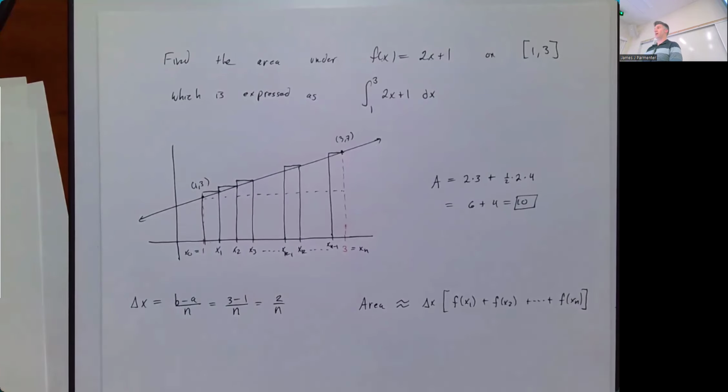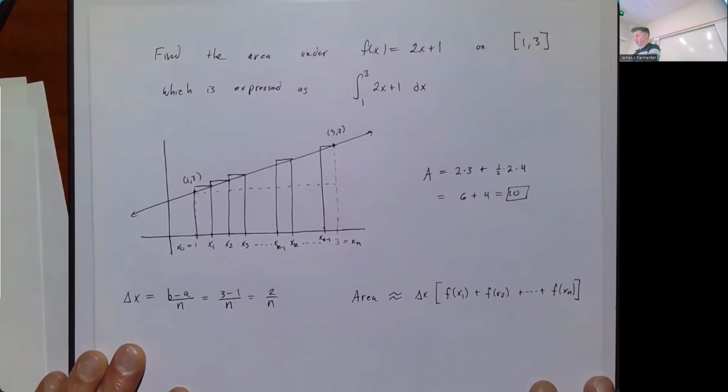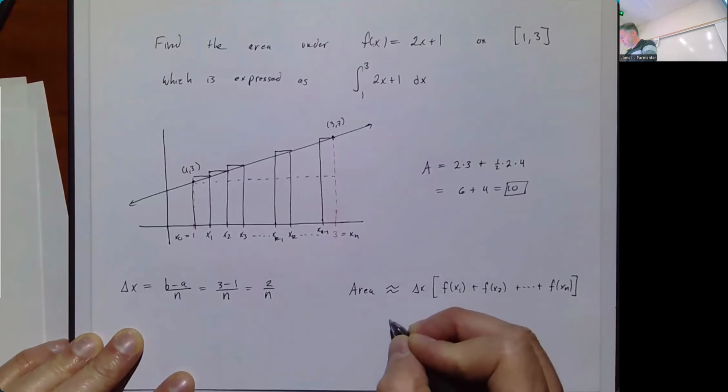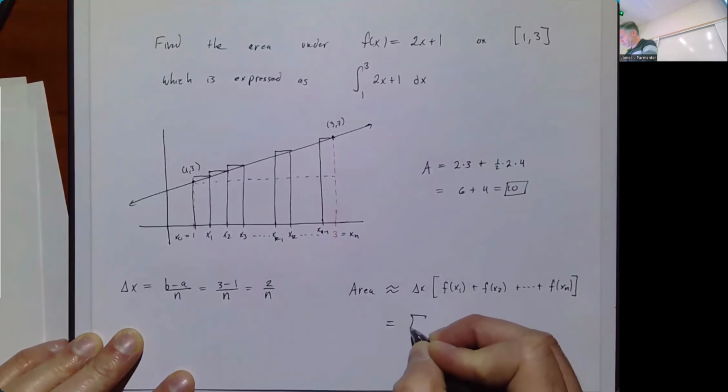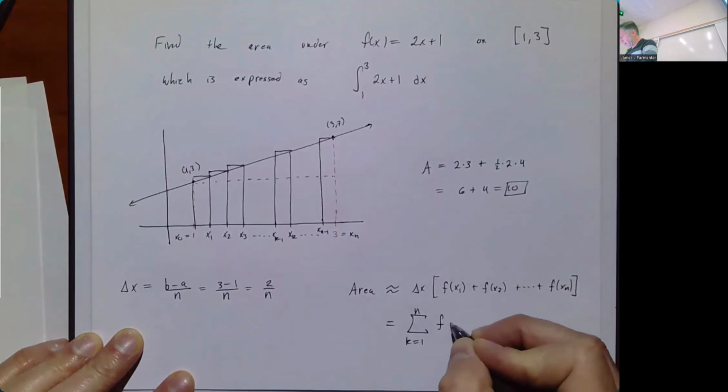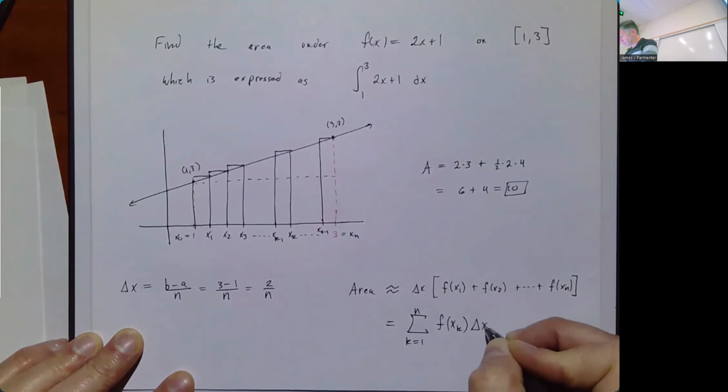But I do want to write this in a more compact way because it's going to get real tedious to write this out a bunch of times. So we're going to rewrite this as the sum from k equals 1 to n of f of x sub k times delta x.